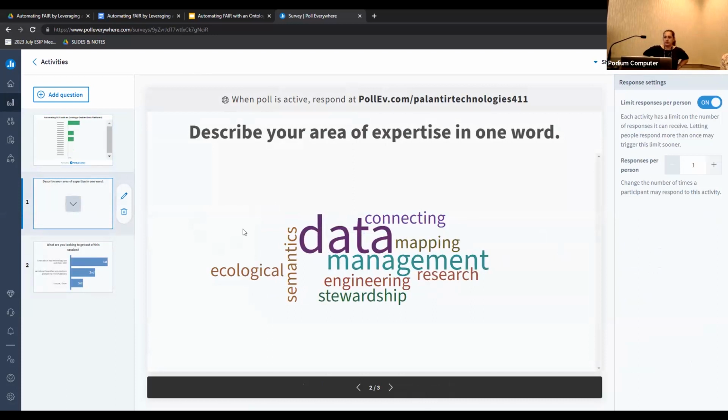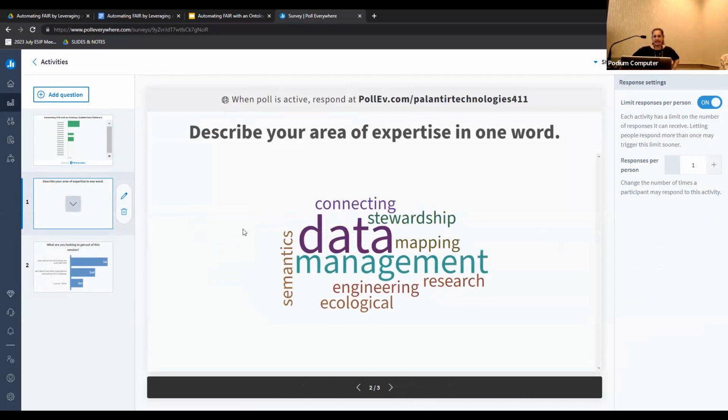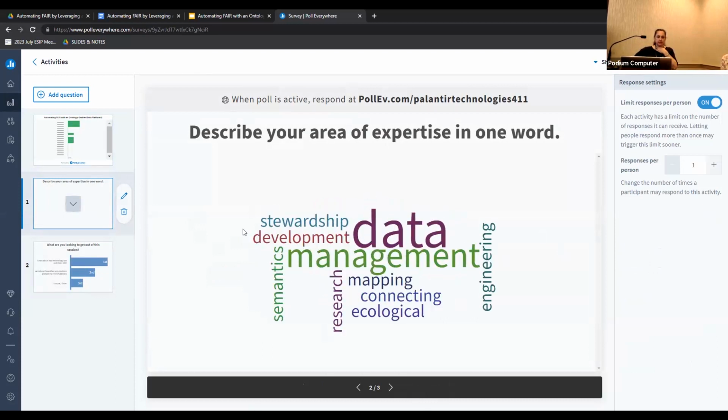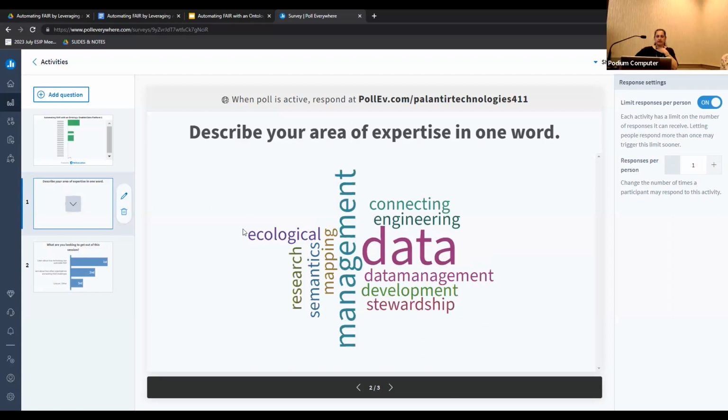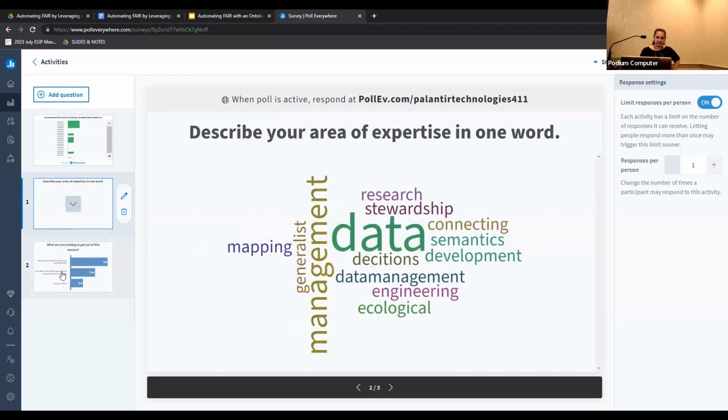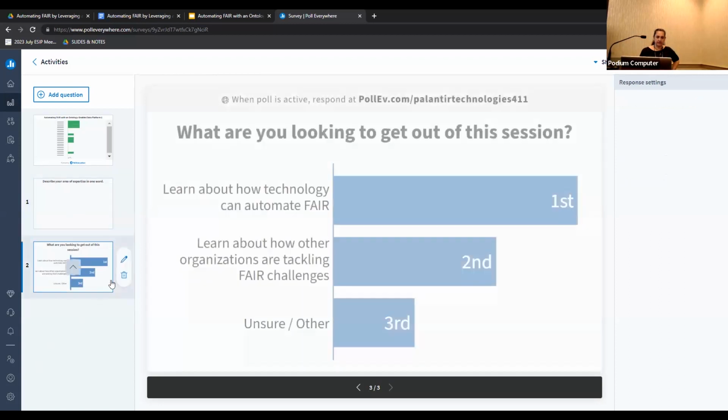As people's answers are coming in, I see data management, stewardship, mapping, research, semantics. So a lot of data focus, obviously, at this conference. We can go back and revisit that in the meantime.